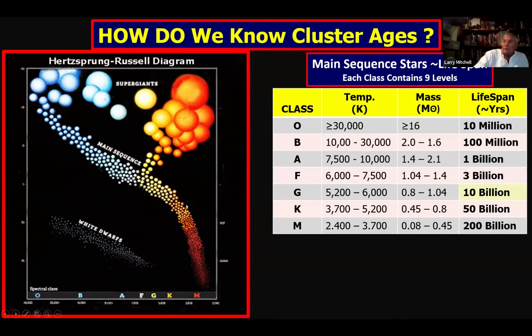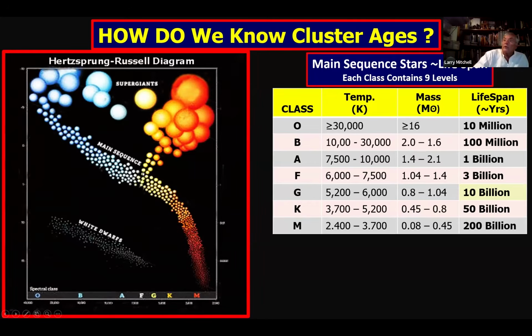Well, this is the classic Hertzsprung-Russell diagram, and I don't have time to cover all of this because this is stellar evolution. But stars spend 95% of their time on what we call the main sequence. At some point, they use up their internal fuel via fusion, and they exit off on what we call the red giant branch.